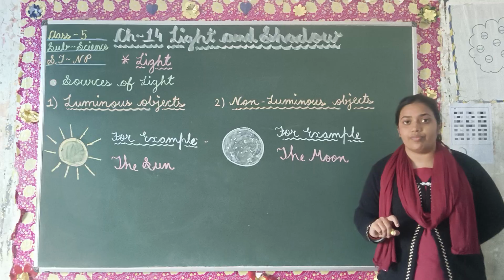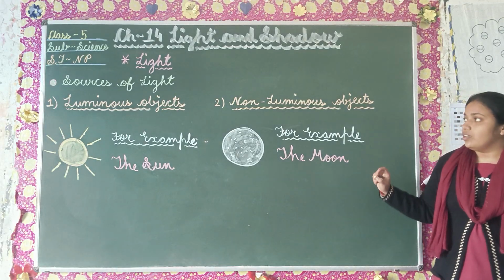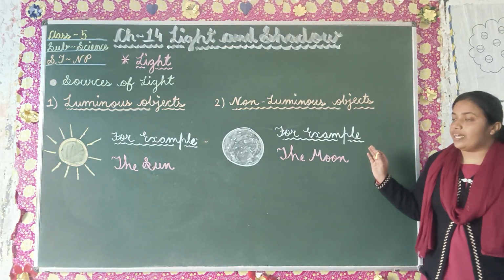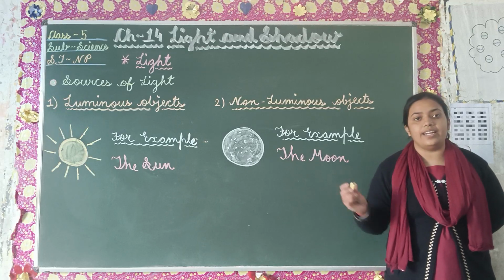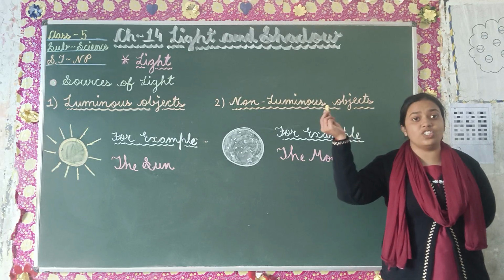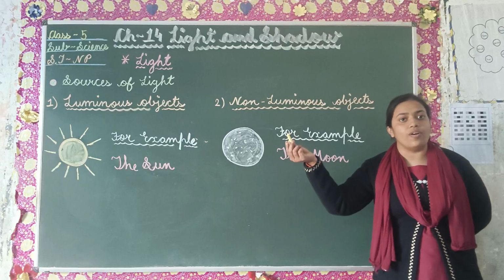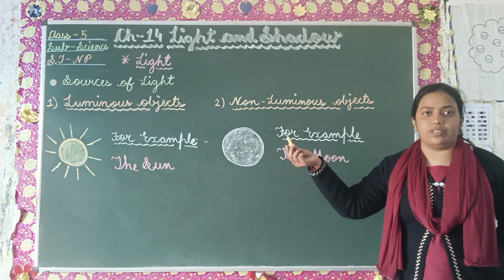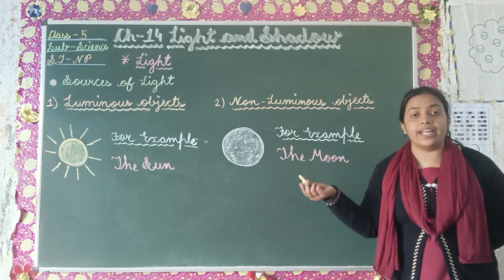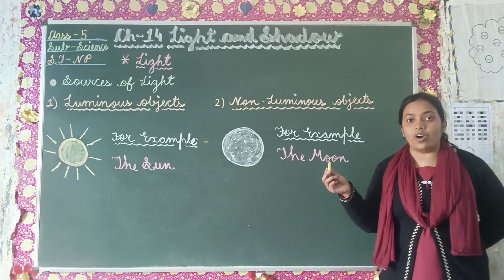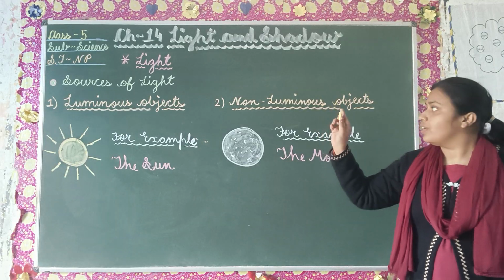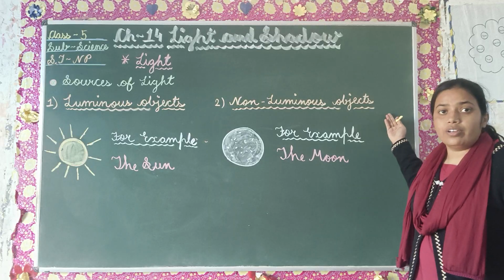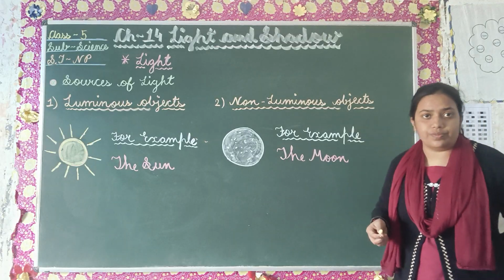Students, there are other examples of non-luminous objects. What is this? This is a chalk. This is also a non-luminous object. But why? Think and answer me. Because it does not give light. For example, your green board.